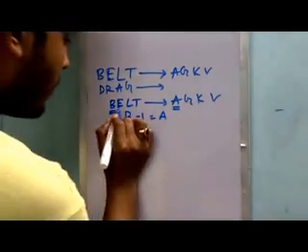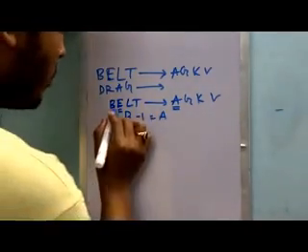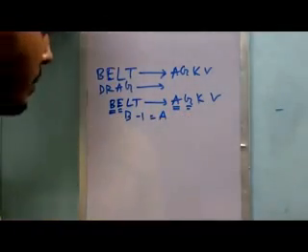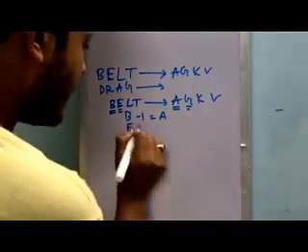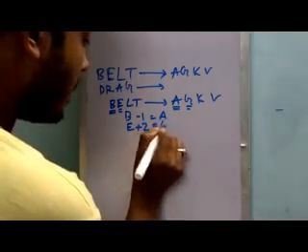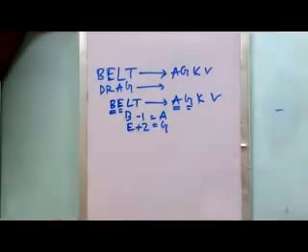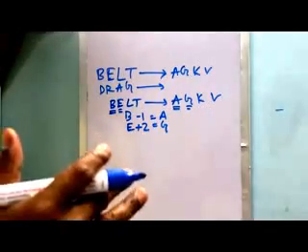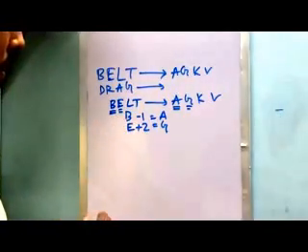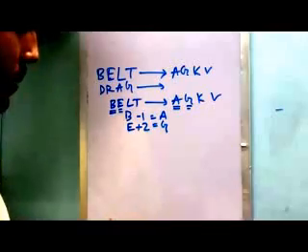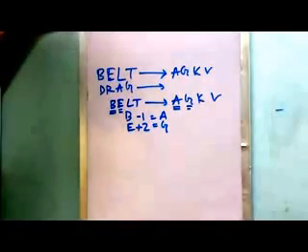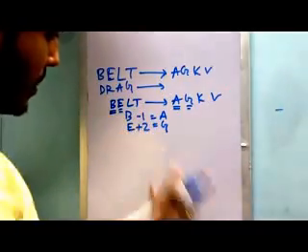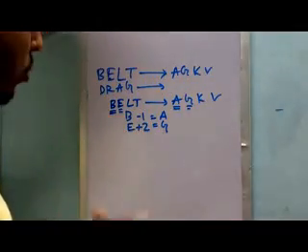Now consider the second letter between the code and decoded version. E and G. What is the relation between E and G? E plus 2 equals G. I want to say that G comes 2 ahead of E. I mean E, then F, and then G. So position-wise it is incremented by 2.